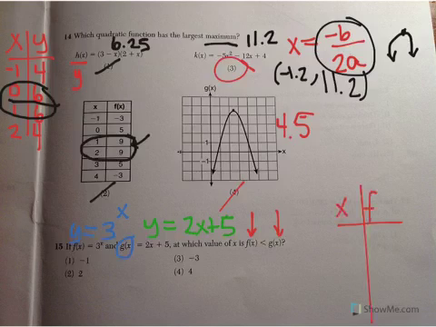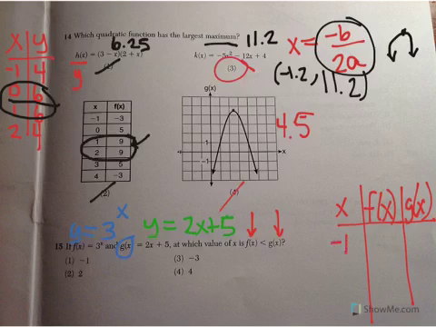So here is what my table will look like. I'm going to type in 3 to the x first, so that's going to be my f of x column, and g of x second. If I start with negative 1, when x is negative 1, my y value for f of x is 0.3 repeating, and my y value for g of x is 3.